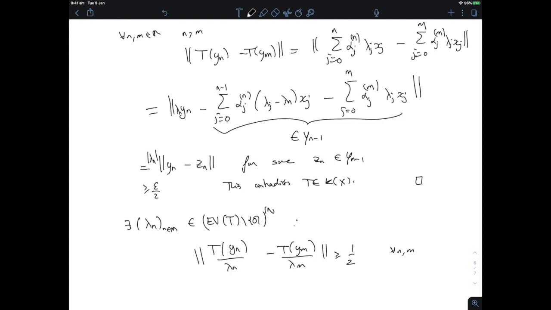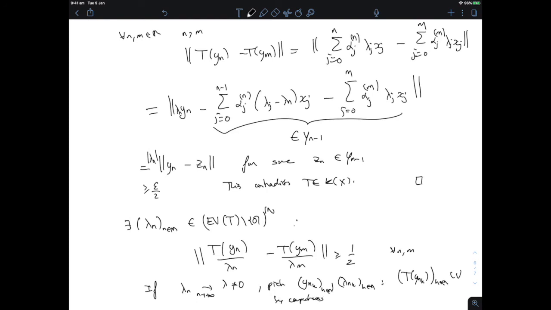Now, if lambda_n converges to something, to lambda, and lambda is non-zero, then by compactness, I can pick y_{n_k} and lambda_{n_k} subsequences such that T(y_{n_k}) converges, right? That's by compactness.